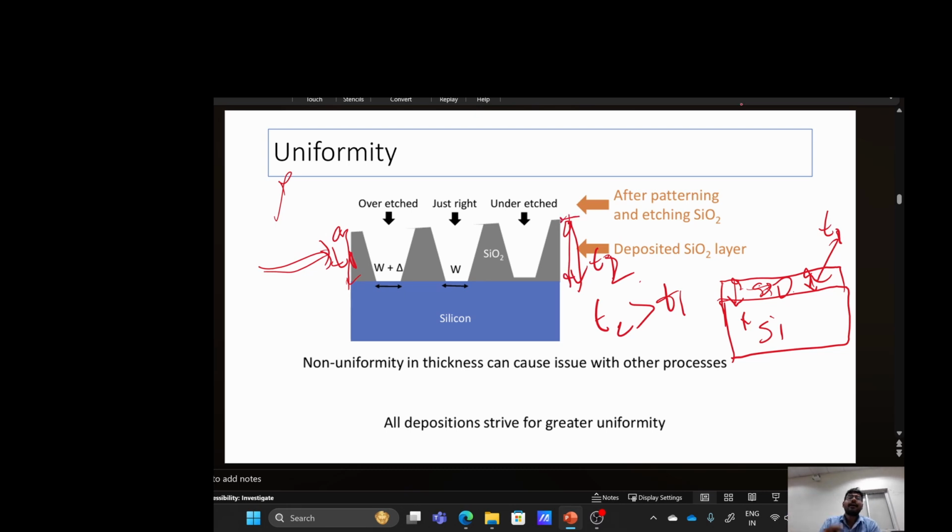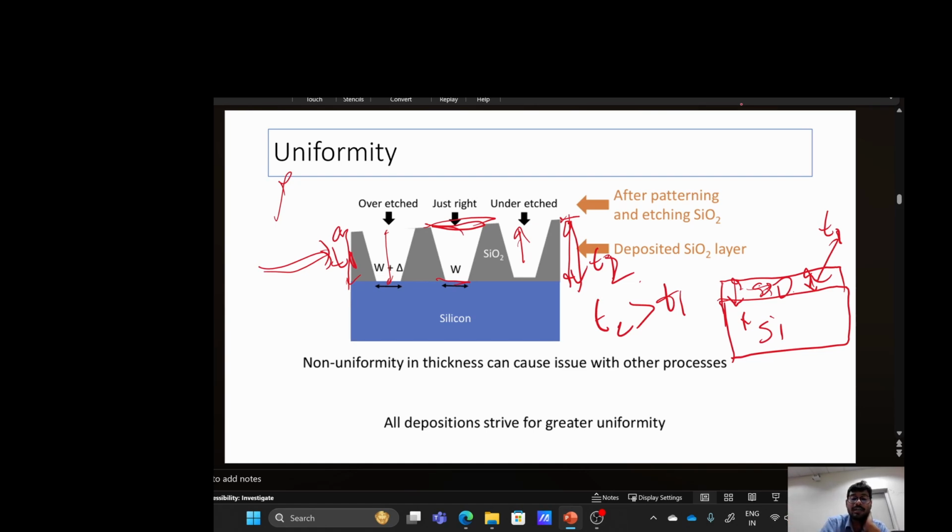So after your lithography, when you do the etching of SiO2, which is a dry etching process, what will happen?